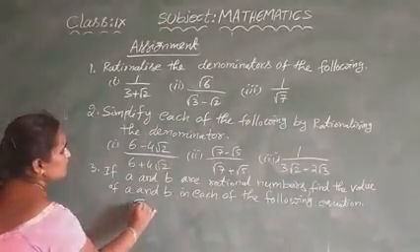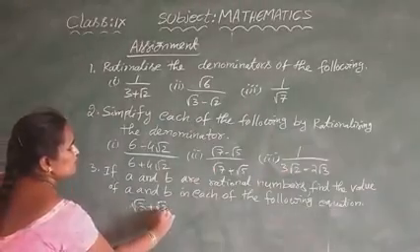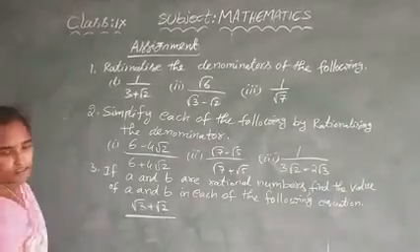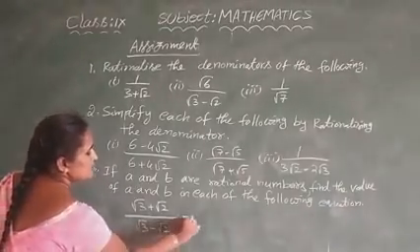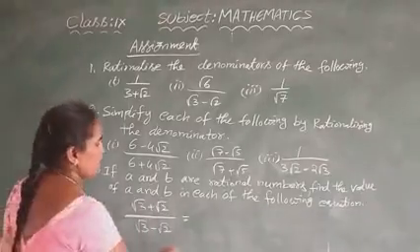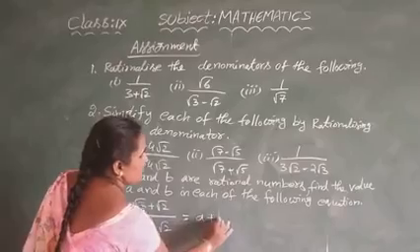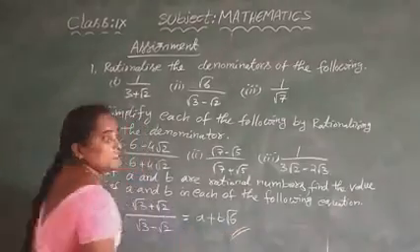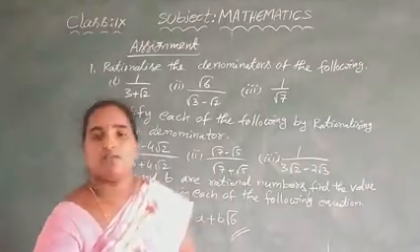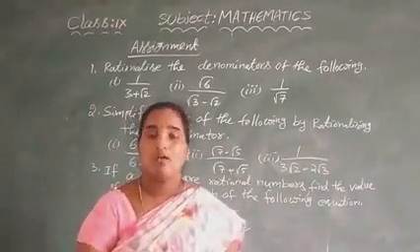The problem: root 3 plus root 2 divided by root 3 minus root 2 is equal to A plus B root 6. So these are the assignments for this session.